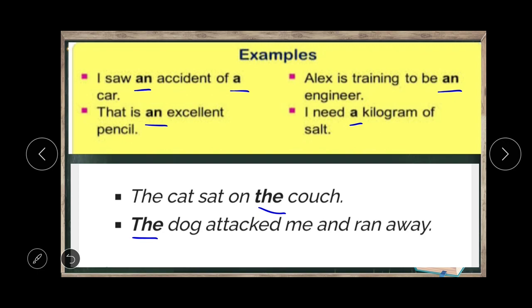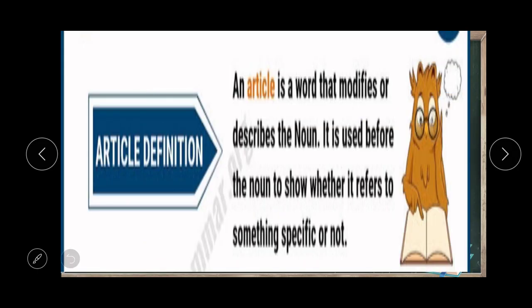You can see that these bold letters are put before the nouns of the sentences and they are modifying the nouns. And students, these words are called articles.